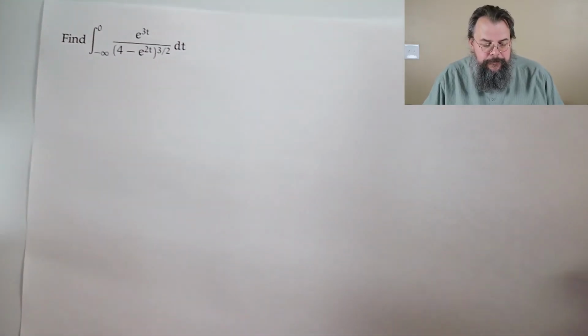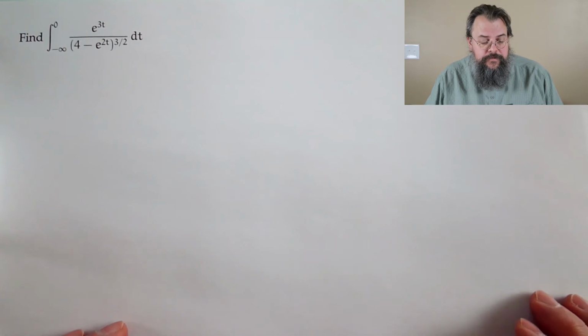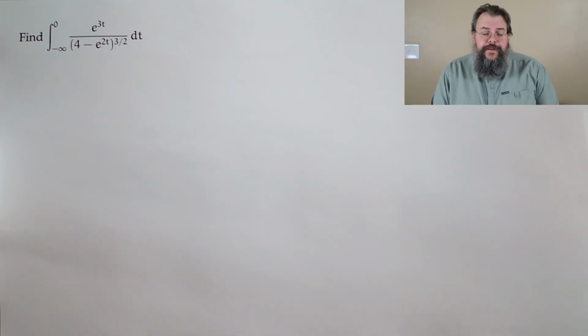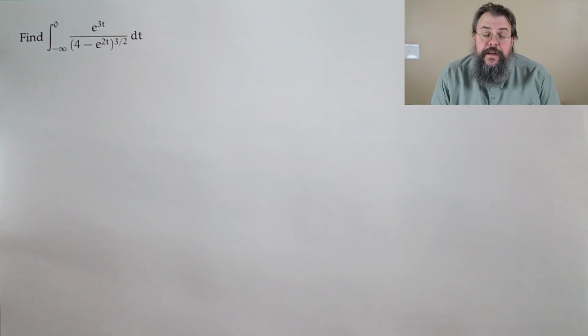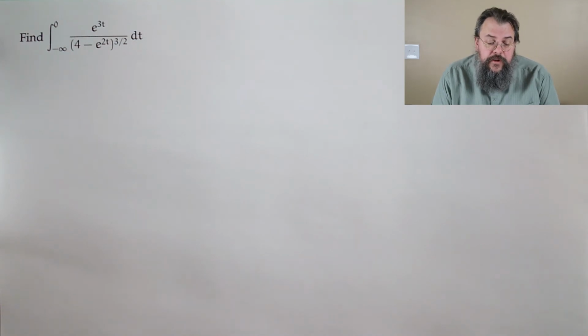More problems. There's always more problems, right? Okay. Our next problem. Find the integral from negative infinity to 0 of e to the power 3t over 4 minus e to the power 2t, to the power 3/2. Oh, all right.